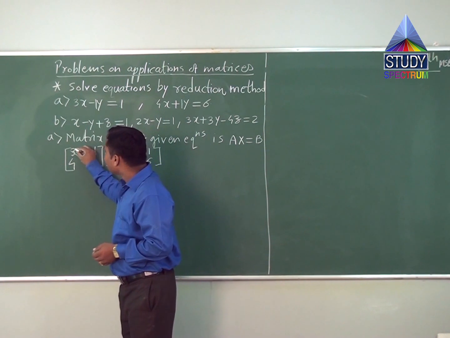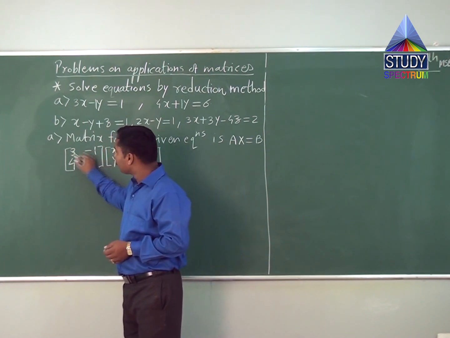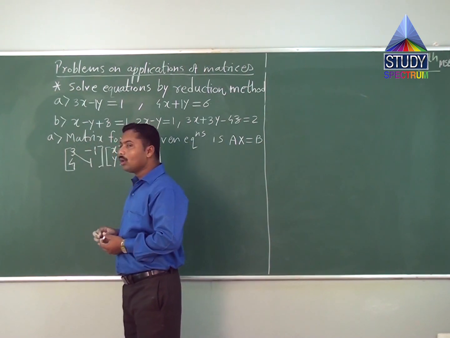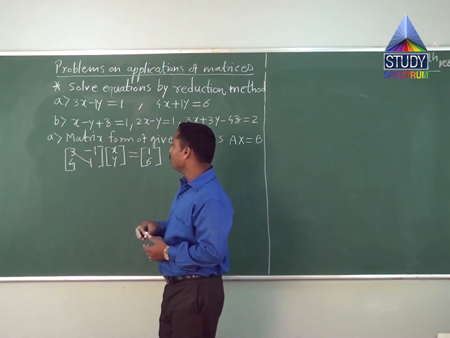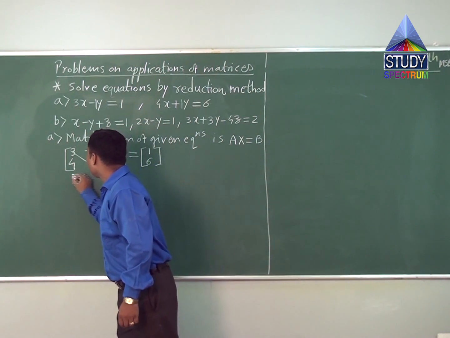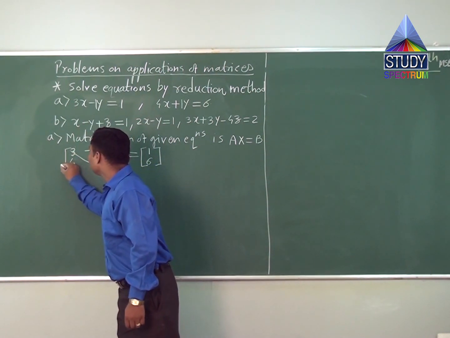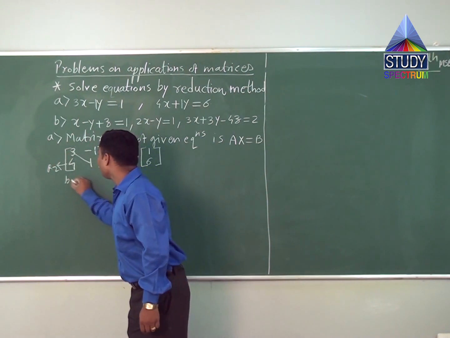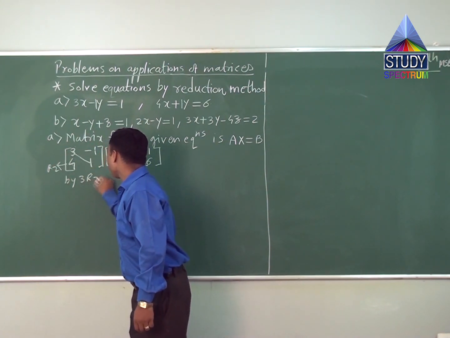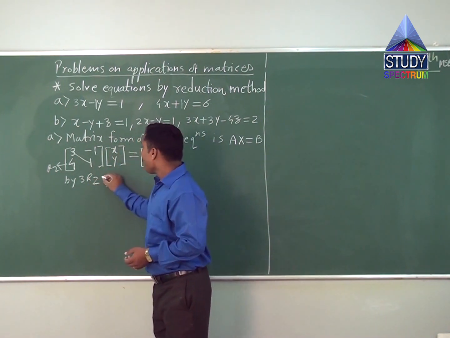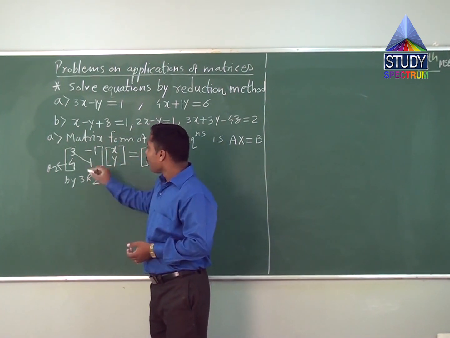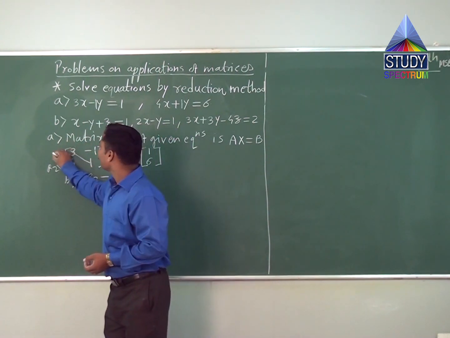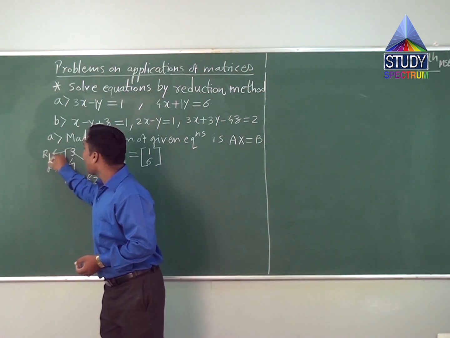We multiply this number to this number: 3 into 4 is 12, and 4 into 3 is 12, so 12 minus 12 is 0. So the second row R2 becomes 3 into R2 minus 4 into R1.